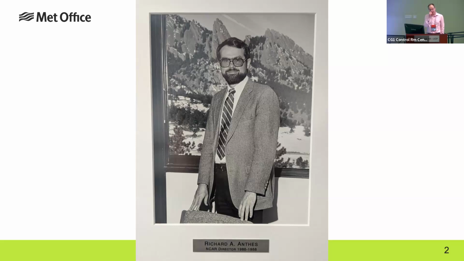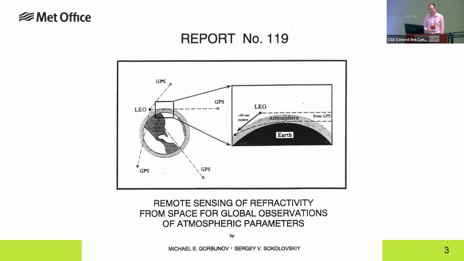So his first introduction to RO actually came via Tony Hollingsworth, who sent him sometime in late 1993 or early 1994 this paper by Gorbunov and Sokolovskiy, which set out a lot of the fundamental mathematics that you would use if you were to do an atmospheric retrieval for radio occultation.